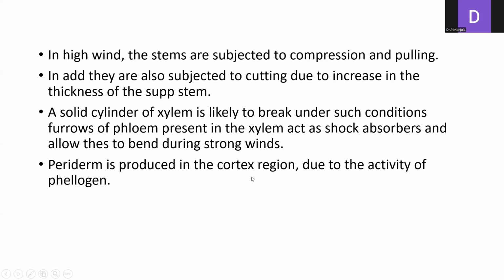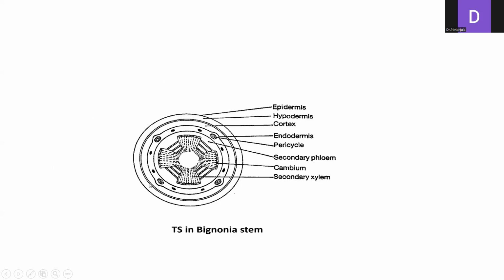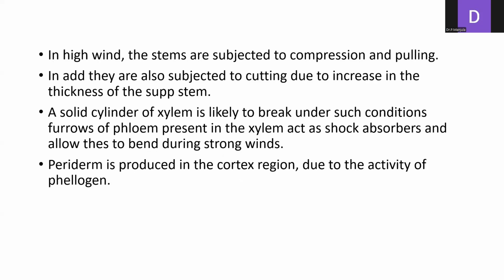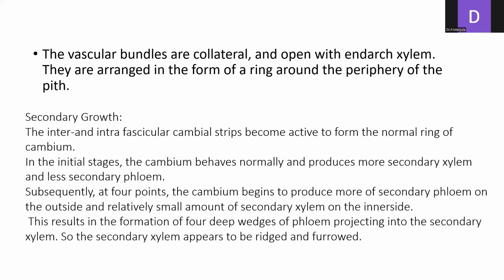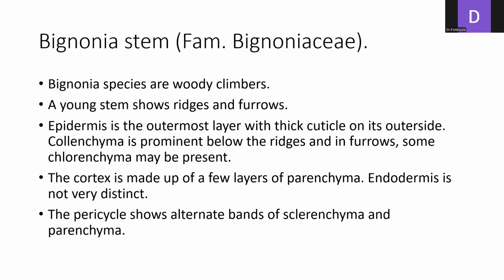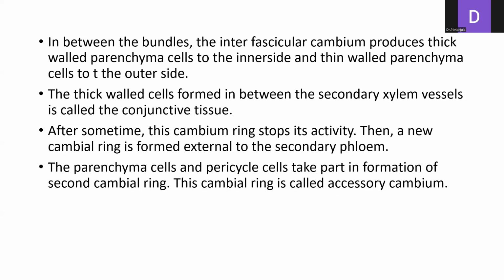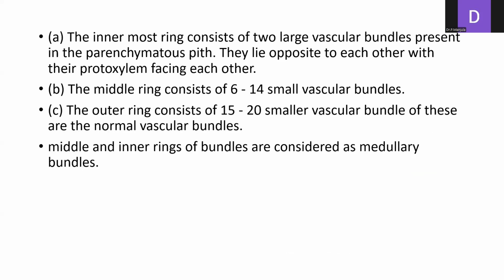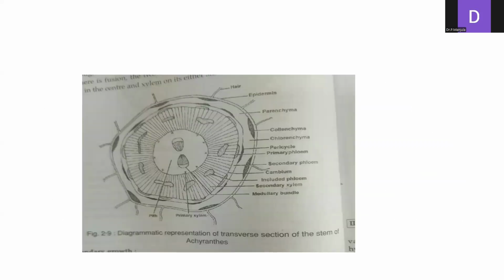They give mechanical support. Here the periderm is produced in the cortex region due to the activity of the phellogen. So this is about the anomalous secondary growth in Echinanthus, Boerhavia, and Bignonia, that is, the dicot stems. In the first one, Echinanthus, central medullary bundles are present.